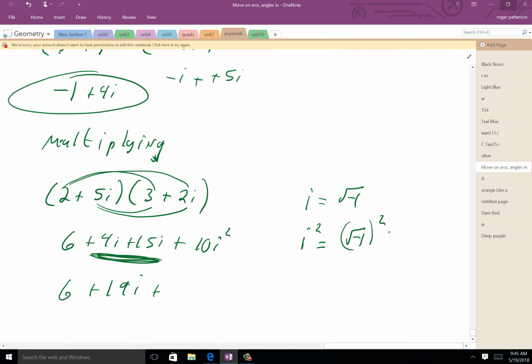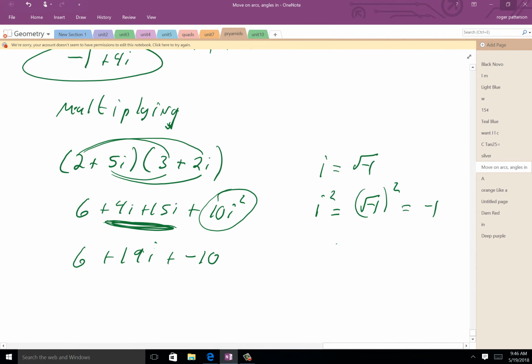So what's going to happen to the square and the square root in that case? They're going to cancel each other out. We're just left with negative 1. So whenever we have an i squared, we're just going to have a negative. That means this 10i squared is actually just going to be a negative 10. The i goes away because i squared is negative 1.